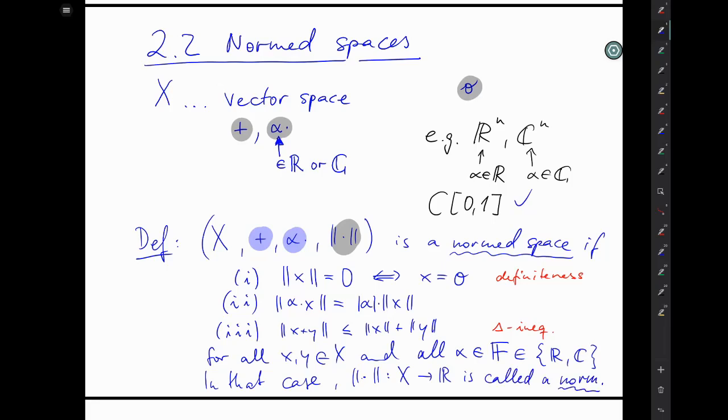Okay, so of course we know norms of vectors for elements of Rn or maybe even Cn, but here we claim that the concept of a norm can be taken to a much more general level of arbitrary vector spaces.